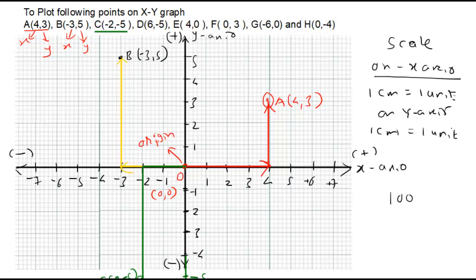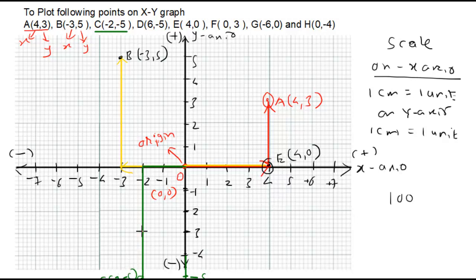So we start from the origin and travel along the x-axis 4 only. So our point will be here. We name this point E and its coordinates will be 4, 0. Note that the y coordinate of point E is 0 and it is lying on the x-axis.